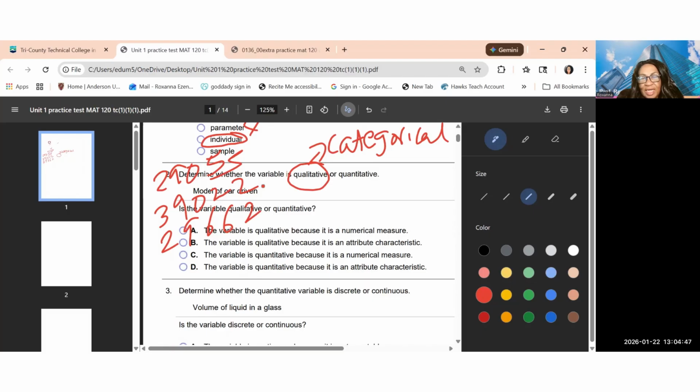If addition and subtraction make sense, then it's a quantitative variable. So a variable can be quantitative when arithmetic makes sense. Remember, we were doing mean, median, and mode. For you to find the mean, the median, and the mode, arithmetic will make sense. It's a quantitative variable.